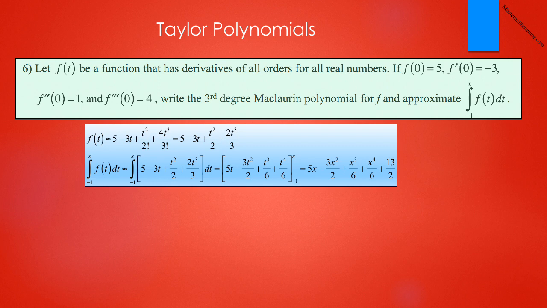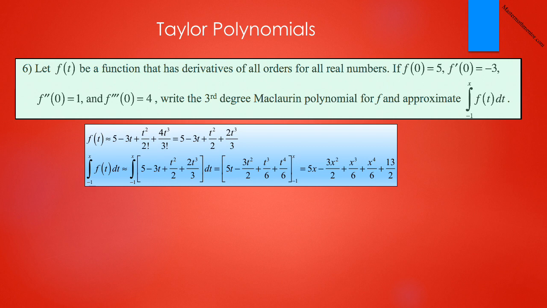And this gives 5 minus 3t plus t squared over 2 plus 2t cubed over 3. We can now integrate that expression from -1 to x. And we get the integral from -1 to x of f of t is approximately equal to the integral from -1 to x of 5 minus 3t plus t squared over 2 plus 2t cubed over 3 dt.